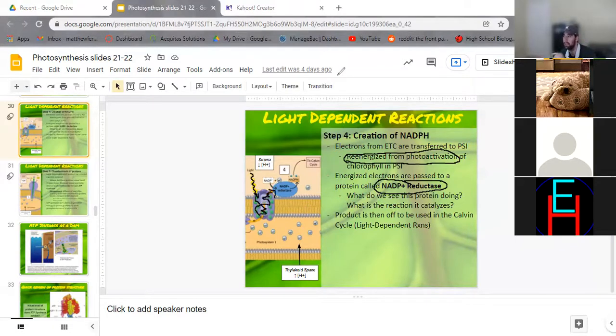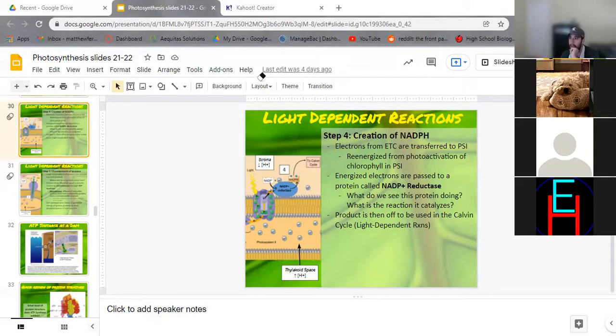So one thing I'm going to say here is we can say that photosystem 1 reduces NADP+ reductase. The reason I want to point that out is because I'm pretty sure that was a point last year with some of my juniors.